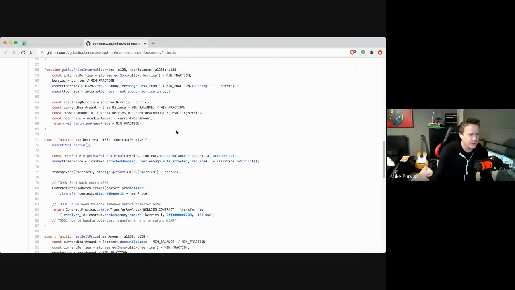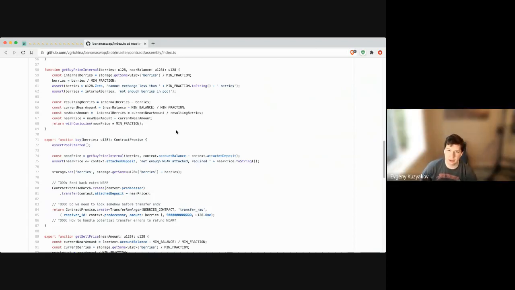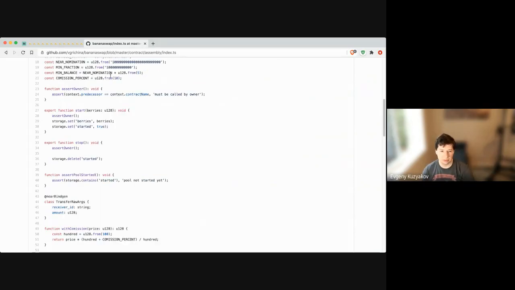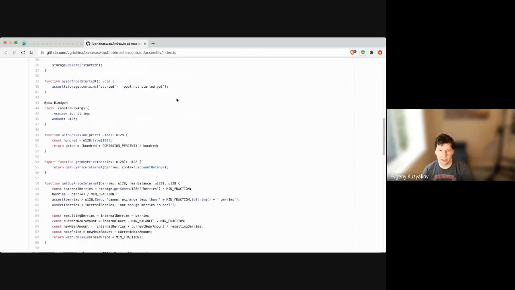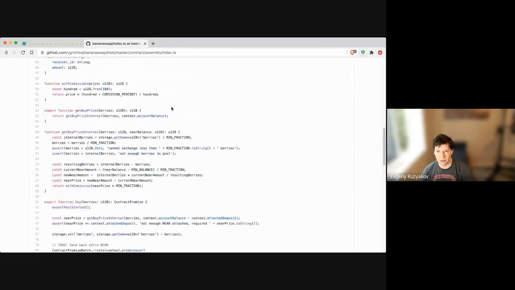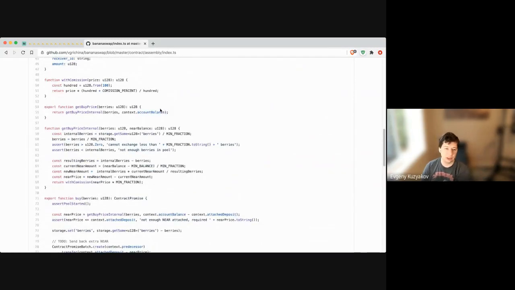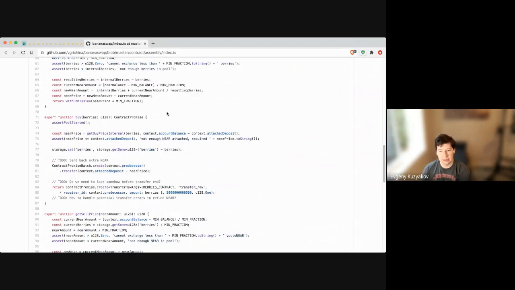Maybe an overall question. Who is putting in the berries? Are people putting in liquidity, or does the contract itself have the berries? Yeah, so there was very low liquidity initially, but because Vlad put some near in originally, and because of a commission of 10%, overall liquidity grew because of the commission and the near that was deposited there.